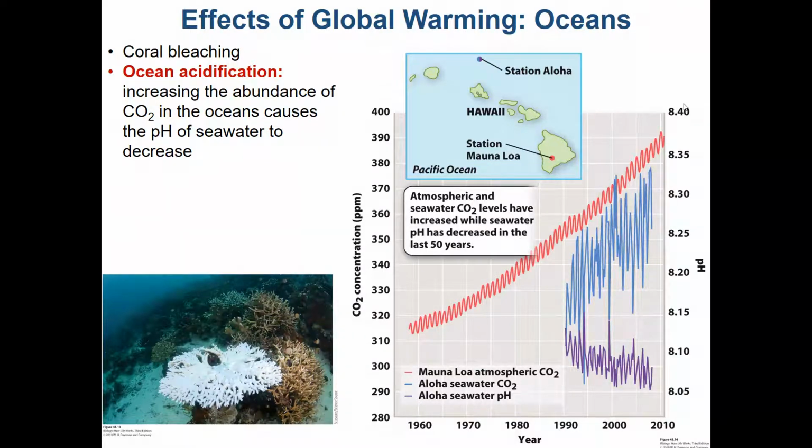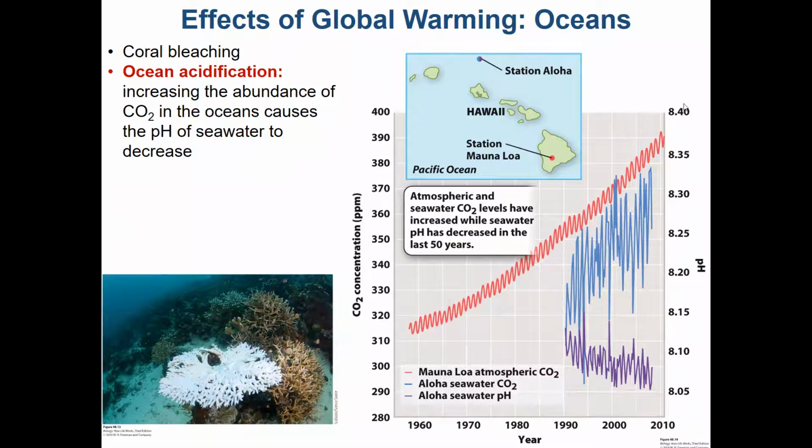A global diversity hotspot, the reef is a habitat to over 1,500 types of fish, more than 4,000 kinds of clams and snails, and many, many other species. Today on the Great Barrier Reef, throughout the Caribbean and elsewhere, corals are dying or bleaching.